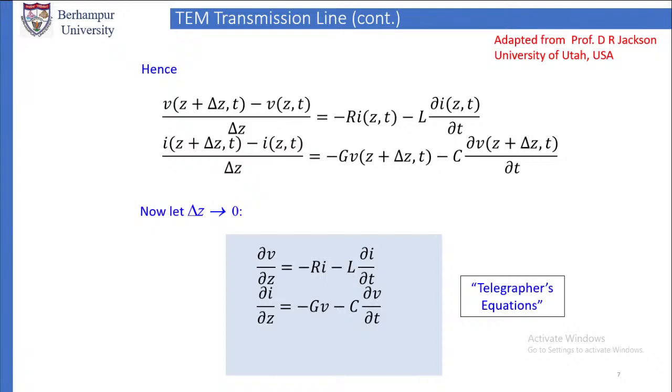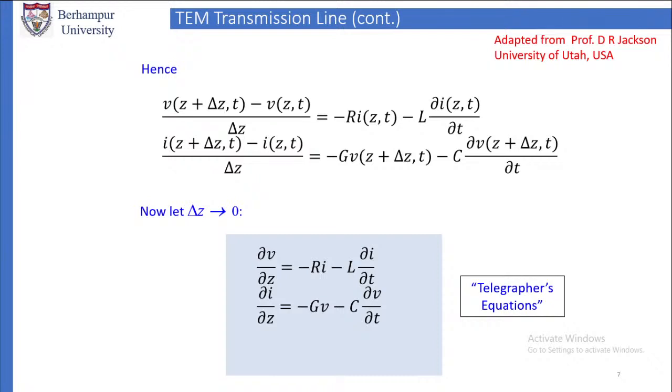Now you can see that the telegrapher equations are partial differential equations, and these two equations are coupled to each other. In the first equation you have ∂V/∂z, in the second equation you have ∂V/∂t.